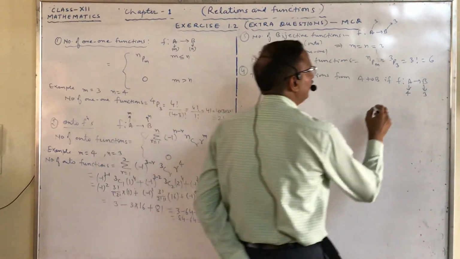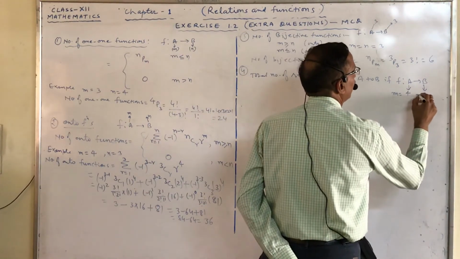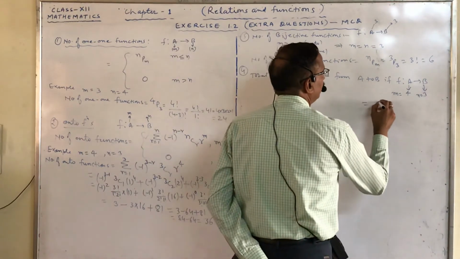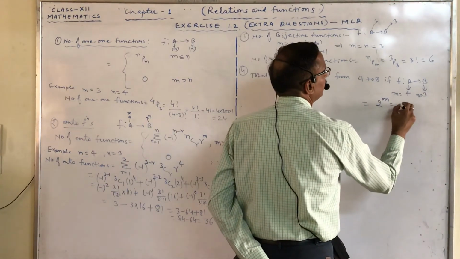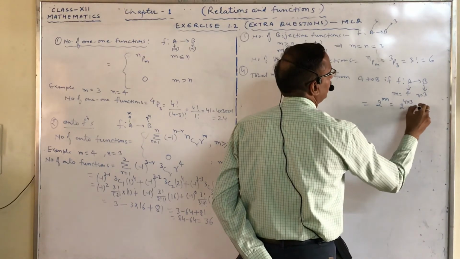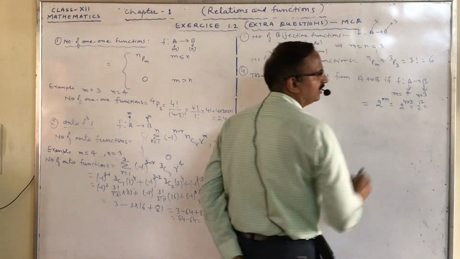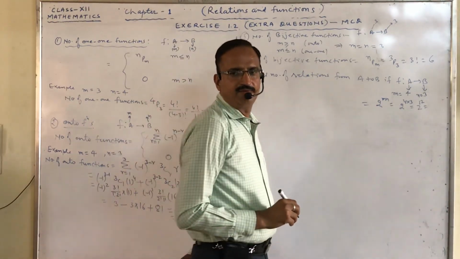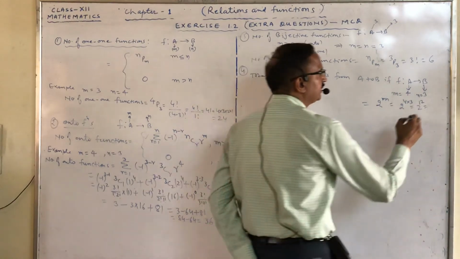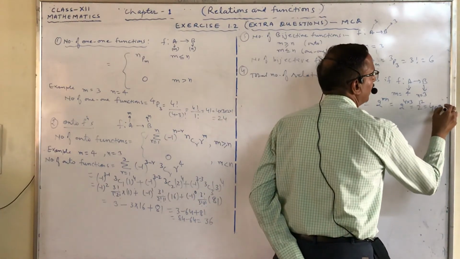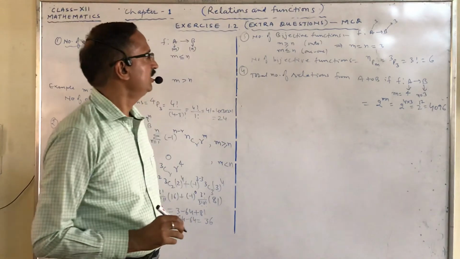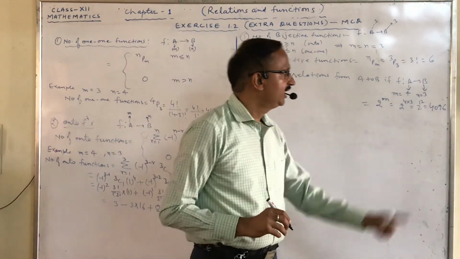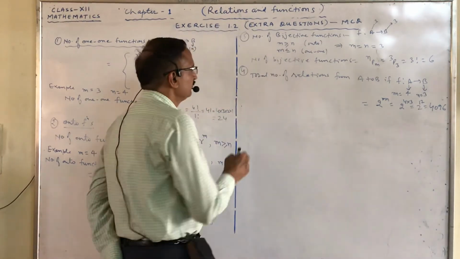It means the value of m is 4 and n is 3. So it is given by 2 raised to power mn, means 2 raised to power 4 multiplied by 3, 2 raised to power 12. And if we calculate this 2 raised to power 12, we will get 4096. So these are the total number of relations from A to B if A has 4 elements and B has 3 elements.